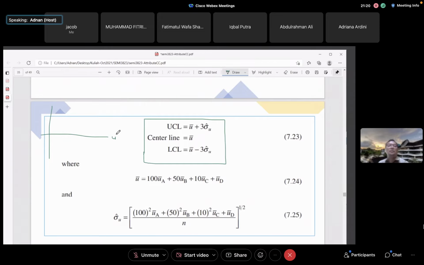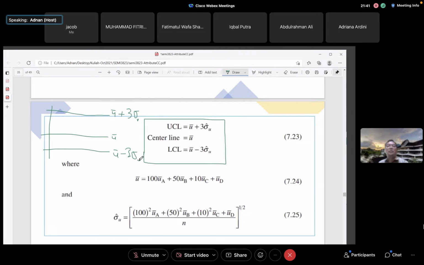Okay, still have U, and we still have U bar plus 3 sigma of U, and we still have lower control limit, which is U bar minus 3 sigma U.